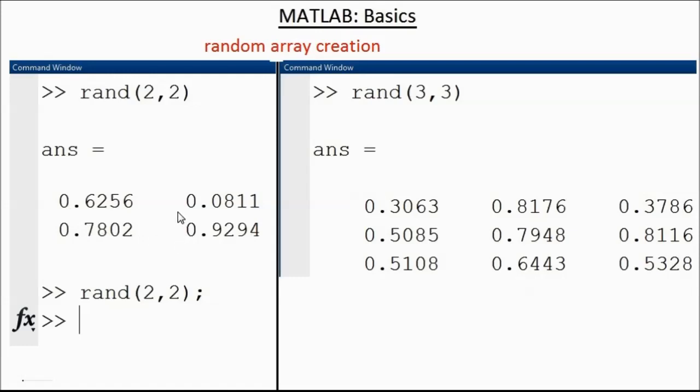I'll talk about the random algorithms later. So ans is a matrix of size 2 by 2 with random entries. If we use a semicolon, the output of rand(2,2) is suppressed. So here rand(3,3) returns a random array of size 3 by 3 with random entries in it.